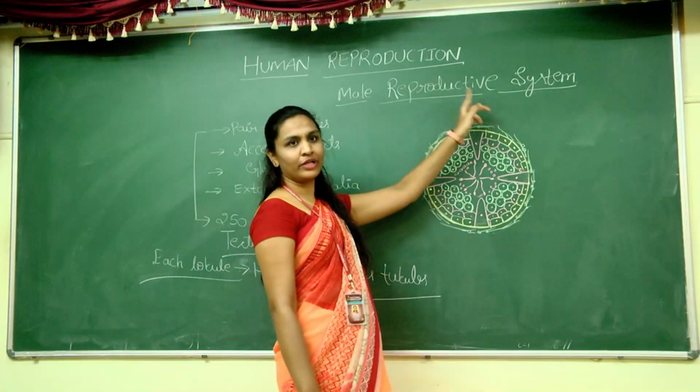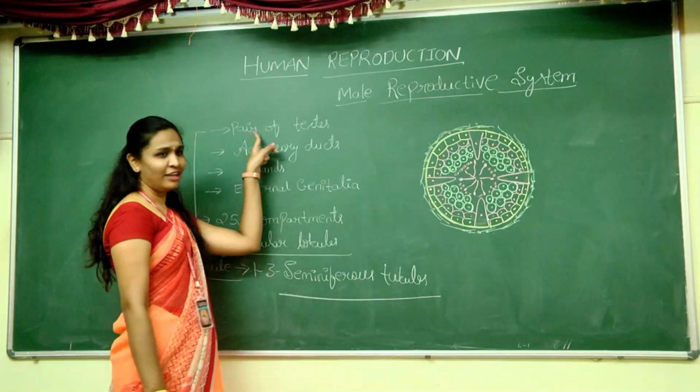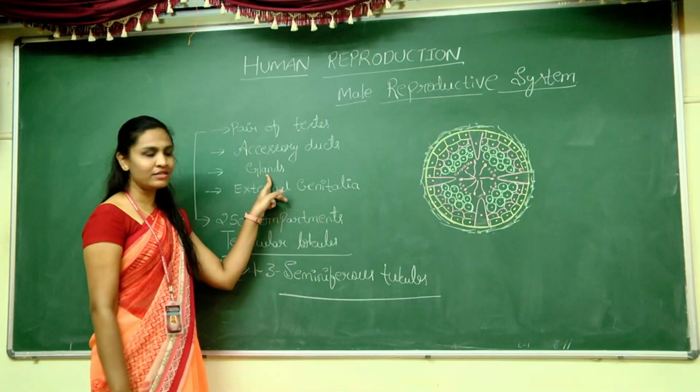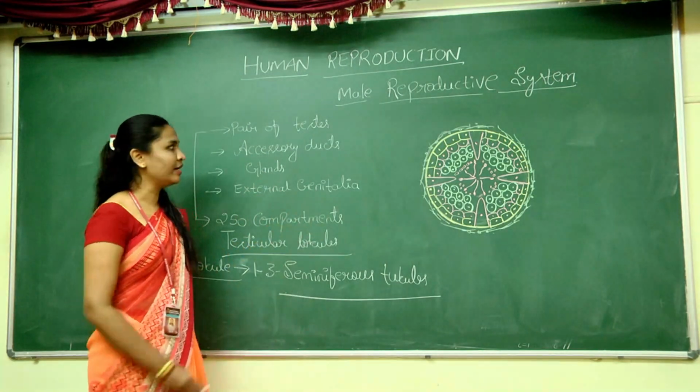The human male reproductive system contains a pair of testes, accessory ducts, accessory glands and external genitalia.